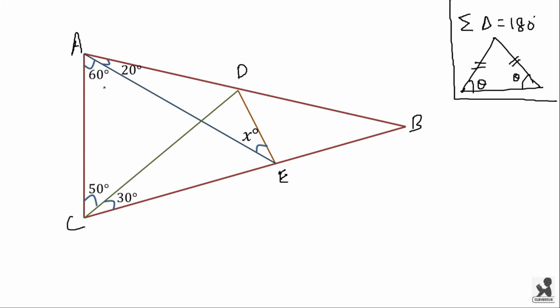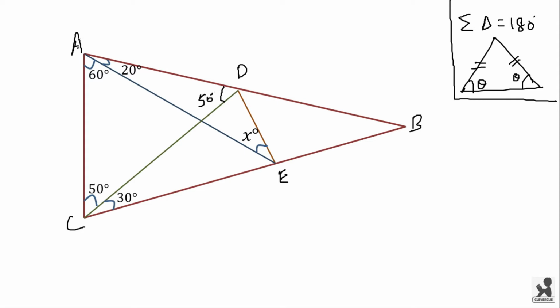Let us see how. Consider triangle ACD. In triangle ACD, let us find the value of angle ADC. Angle ADC will be equal to 180 degrees minus (60 plus 20 plus 50), that is 180 minus 130 degrees, so it is 50 degrees.